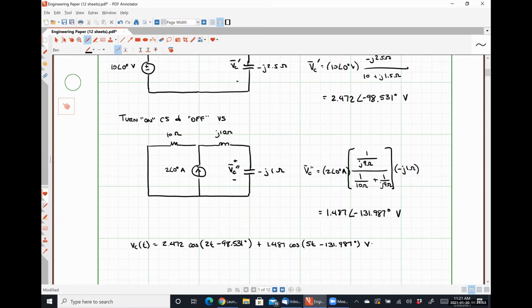That's it. So for any multi-frequency circuit you have, you simply analyze the circuit at each of the specific frequencies and then add the time domain results together.